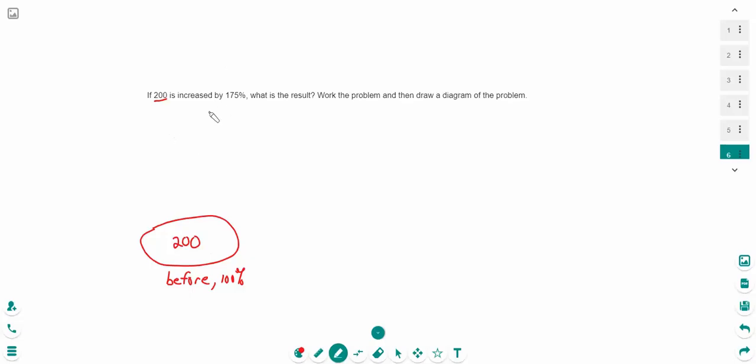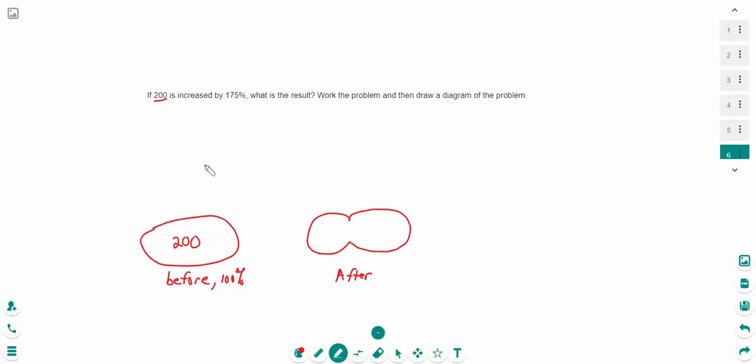Now we're increasing this. When we see that word increase, we know that things are growing. So we started at 200 and we're growing it, which means that our after bubble is going to be our double bubble, because we're growing it.